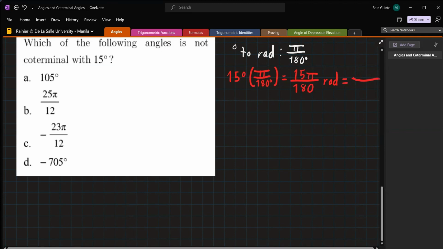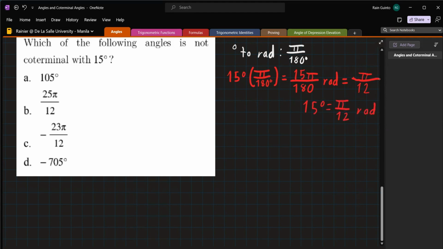Notice that both 15 and 180 are divisible by 15 itself. So let's divide 15 and 180 by their greatest common factor, which is 15. So 15 divided by 15 gives us 1, and we can just write pi over here. Then 180 divided by 15 gives us 12. So that means that 15 degrees is equal to pi over 12 rad.